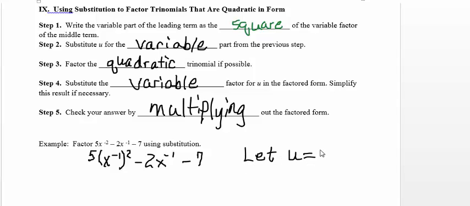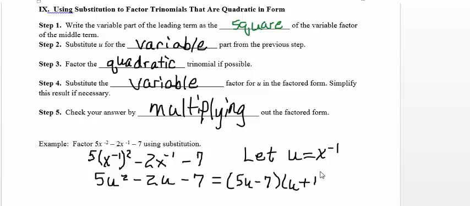So we're going to let u equal x to the negative 1. We could use any letter in place of u except for x, since x is the variable of our polynomial. So I'm going to rewrite this as 5u squared minus 2u minus 7, since x to the minus 1 is equal to u.